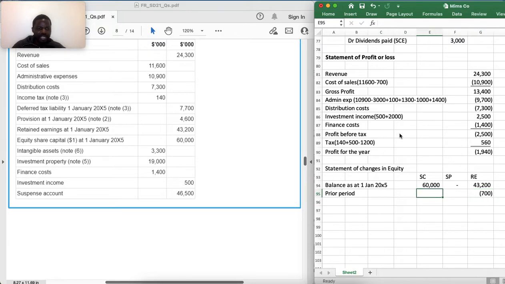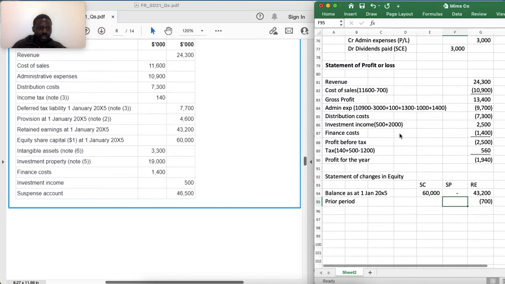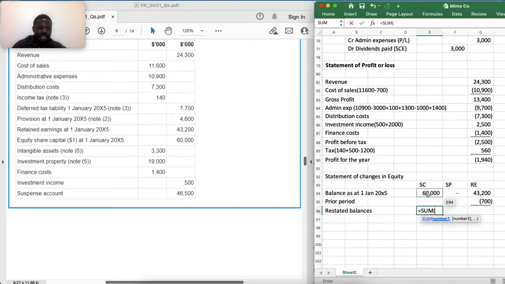When we less 700, we will have restated balances or the adjusted balances, whereby we will sum everything here like this. Then we will have the profit for the year. We have the profit for the year here on top.